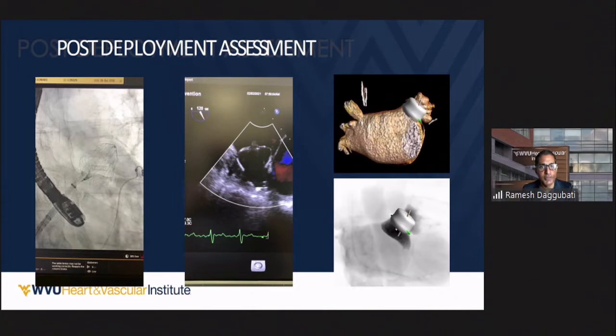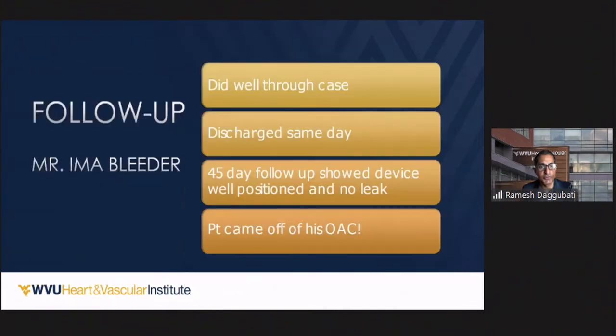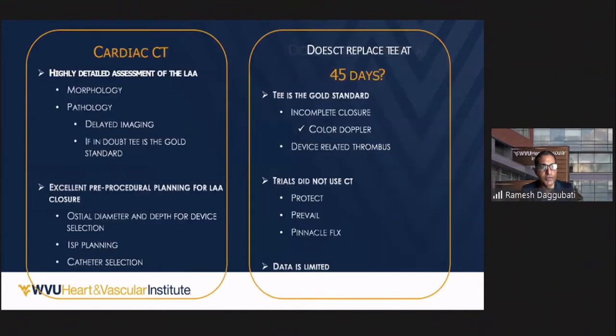So we left it, and this is how you can put the sizing on the CT and the TruPlan, and we were able to do a successful WATCHMAN Flex large device, 35 millimeters, in this patient. At follow-up, the patient did quite well, was discharged the same day, and a 45-day follow-up showed the device well positioned with no leak, and he was able to come off his anticoagulation at 45 days.